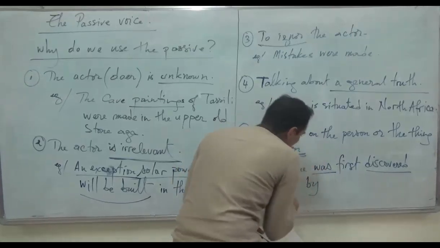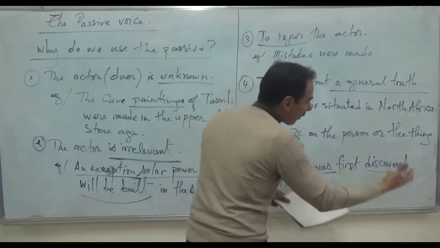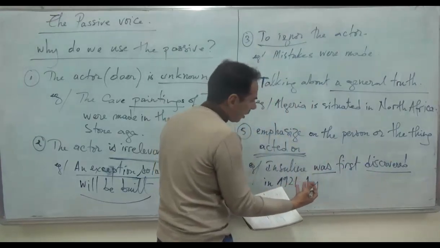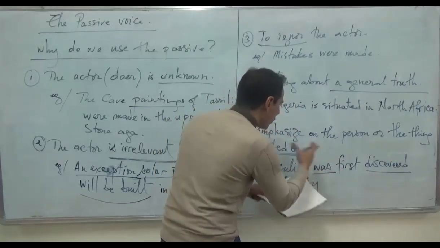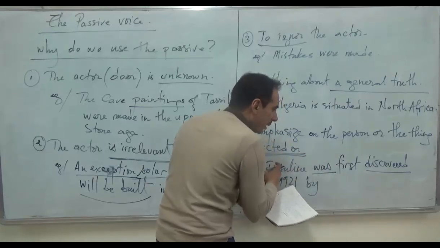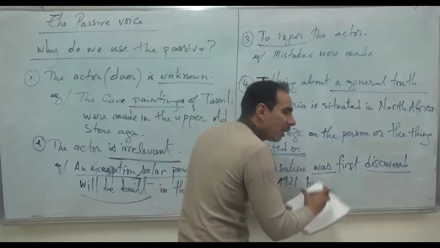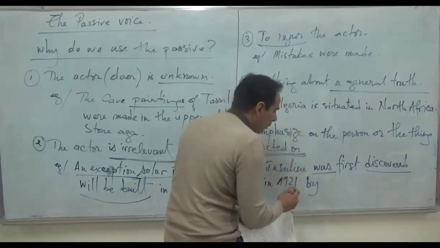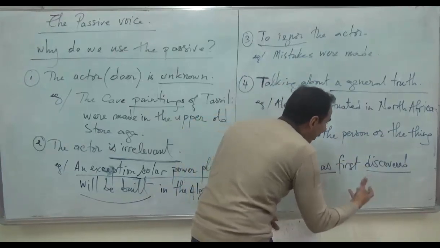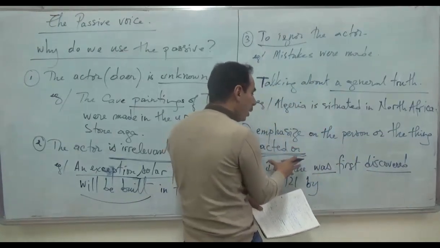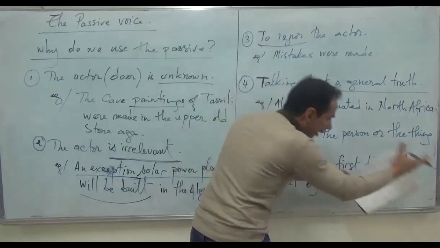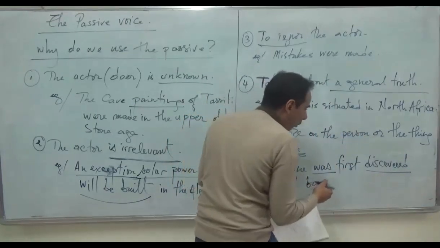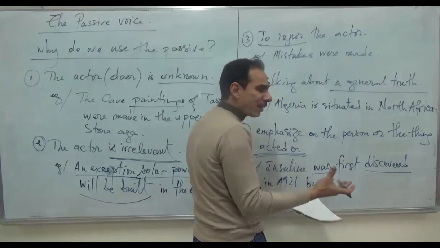By, here I mentioned the actor, but at the end of the sentence, which means that, as you know, words or things mentioned at the beginning of the sentence are more important than words or things mentioned at the end of the sentence. When I put something at the end, it means that I want to focus on the first part and neglect the second part. If I want to focus on the actor, I use the actor.